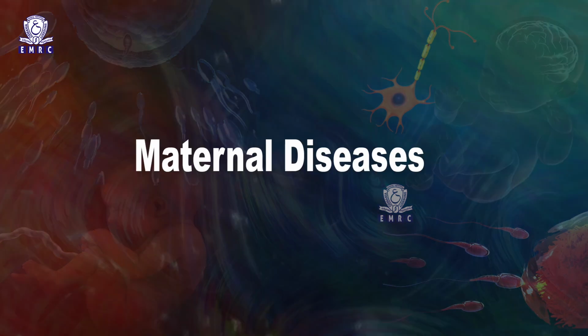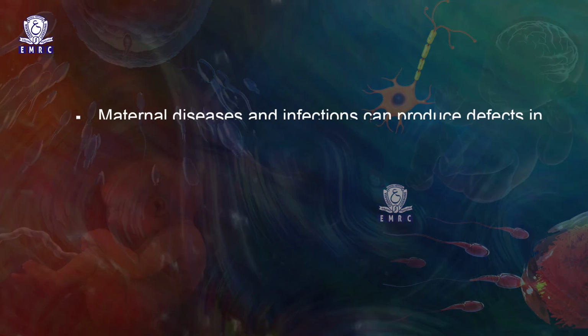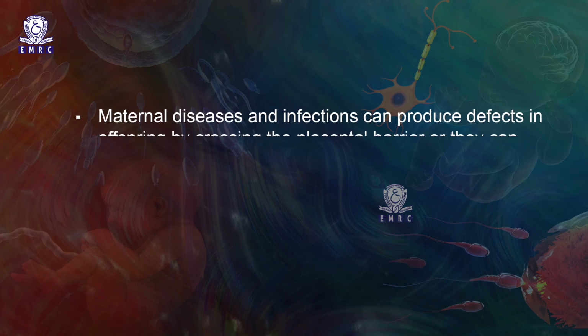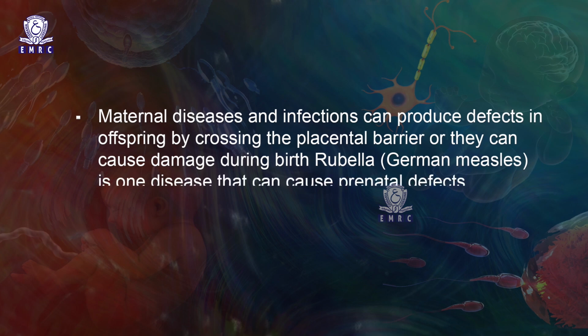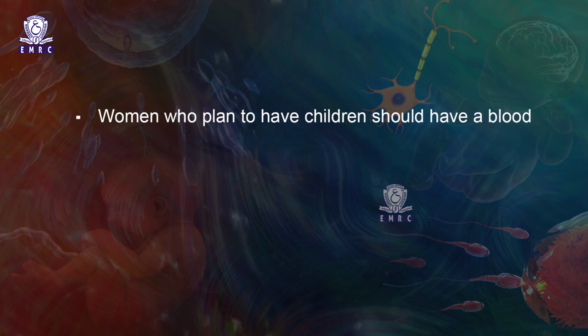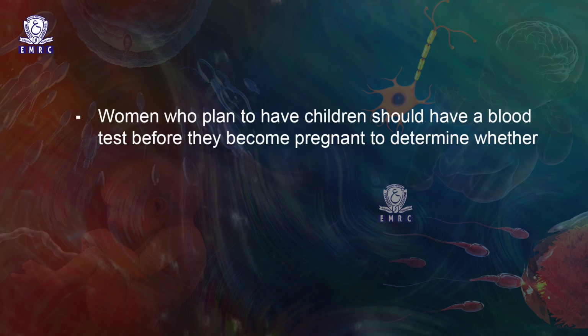Maternal diseases. Maternal diseases and infections can produce defects in offspring by crossing the placental barrier, or they can cause damage during birth. Rubella or German measles is one disease that can cause prenatal defects. Women who plan to have children should have a blood test before they become pregnant to determine whether they are immune to the disease.